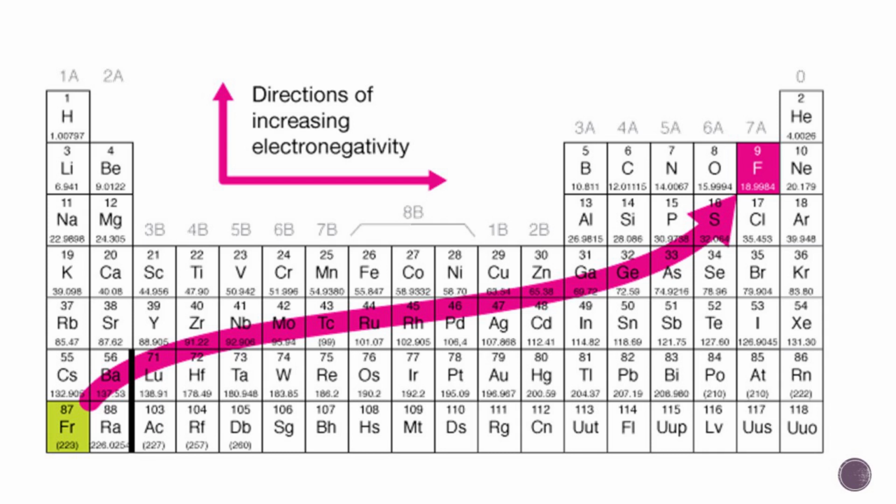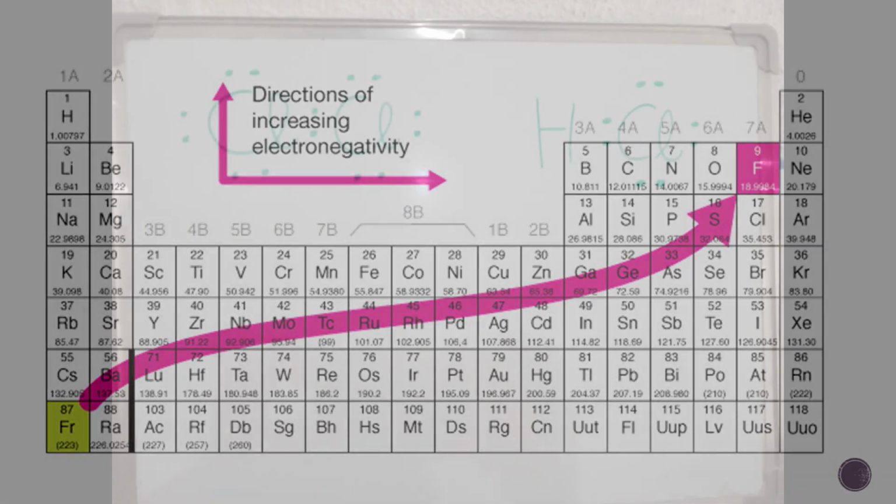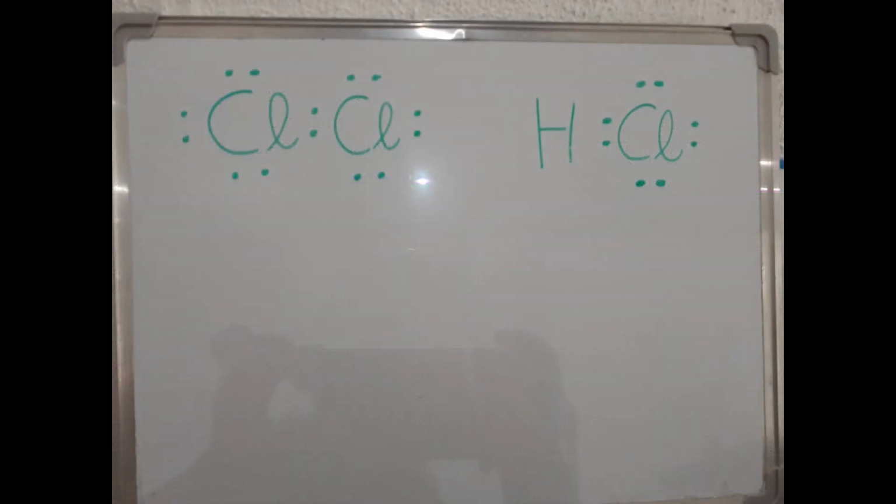And cesium and francium, right at the bottom of group 1, they have the lowest electronegativity of 0,7. So electronegativity increases up a group and increases across, or to the right of, a period. The importance of electronegativity comes in the difference of electronegativity.